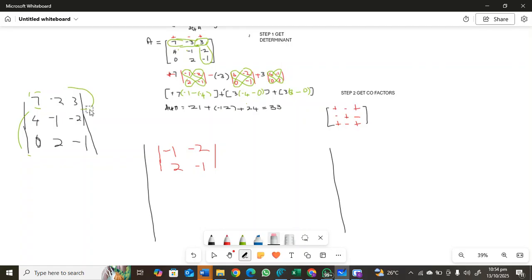Okay, the next cofactor, we come here again. We go to the middle number, which is this -3. Do that. Cancel this 2 here. Cancel this one. Cancel this one.